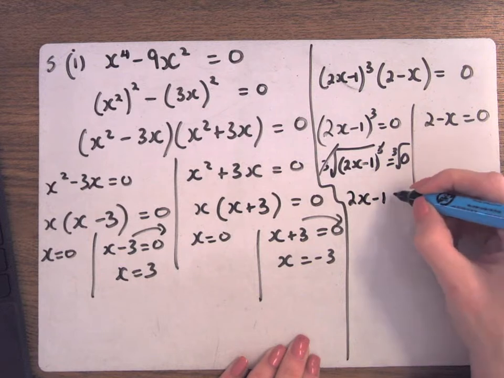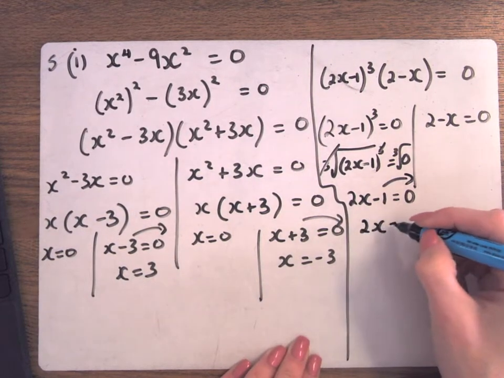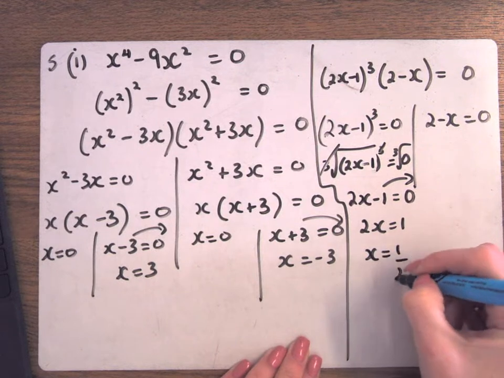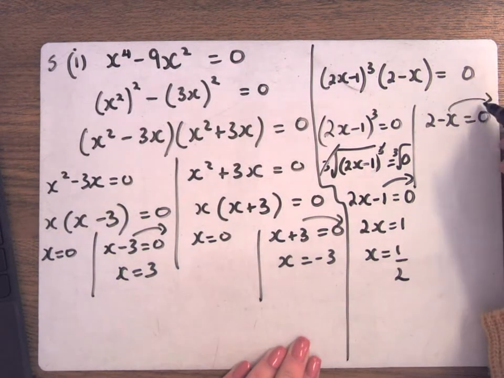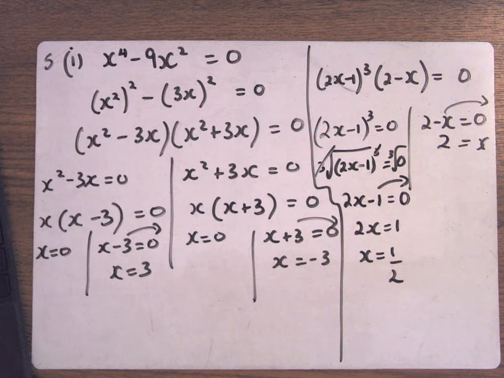And the cube root of 0 is still just 0. So 2x is 1, x is a half. And here, x is 2. So to get rid of the cube, you have to do it to both sides of the equal sign.